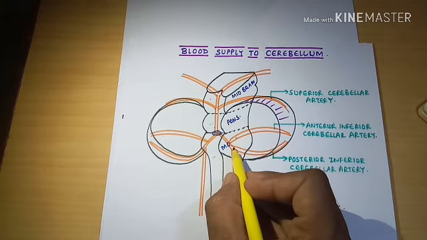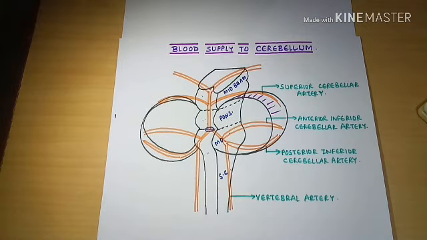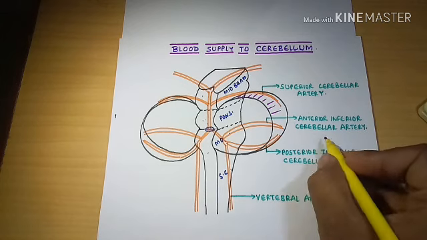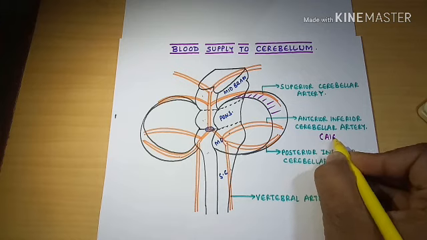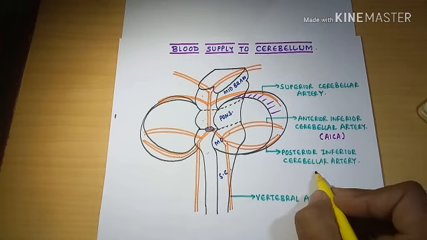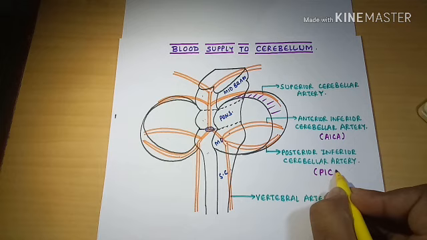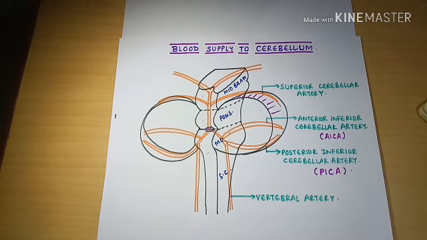The inferior portion of the cerebellum is supplied by two arteries, which are the anterior and posterior inferior cerebellar arteries, the AICA and the PICA. So these are the two arteries which will supply the inferior section of the cerebellum: the anterior inferior cerebellar artery and the posterior inferior cerebellar artery.